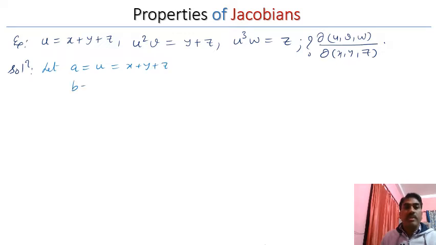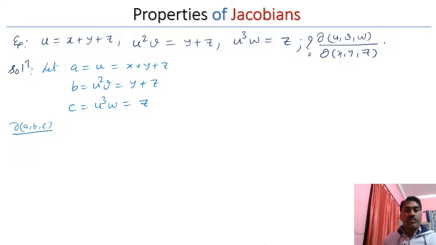Then b is equal to u square v is equal to y plus z, and c is equal to u cube w is equal to z. So we can treat abc as a function of u, v, w separately, and abc as a function of xyz separately. So we can find Jacobian of abc with respect to u, v, and w.